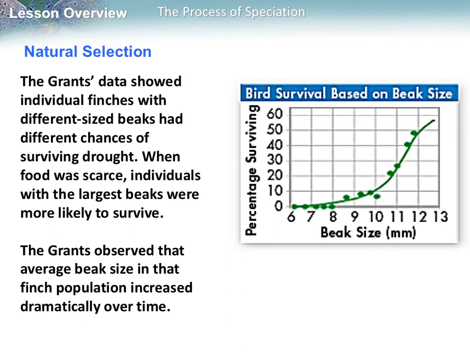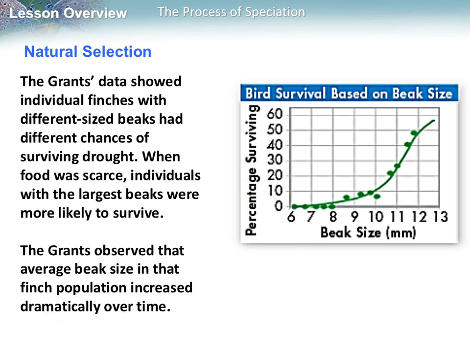The data from the Grant couple showed the individual finches with different sized beaks had different chances of surviving drought. When food was scarce, the individuals with the largest beaks were more likely to survive. They observed that the average beak size in that finch population increased over time.